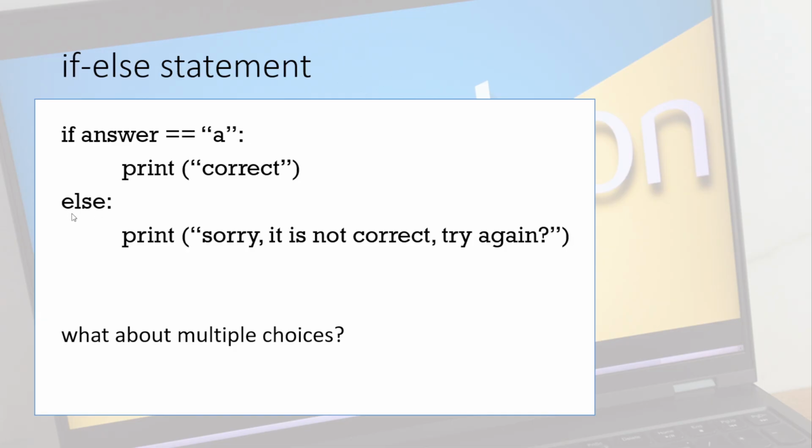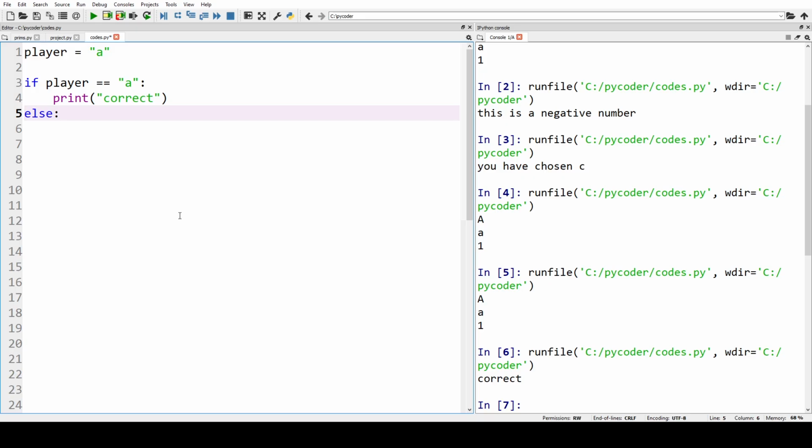We use the word else, E-L-S-E, the colon, the same, the gap, the same, and then our code underneath. So that's the if else statement. So if it's true or if it's false. So we're going to write else, and then instead of having correct, the opposite of correct is incorrect.